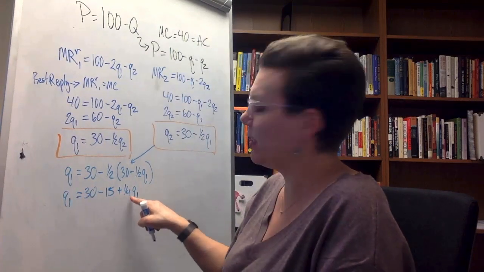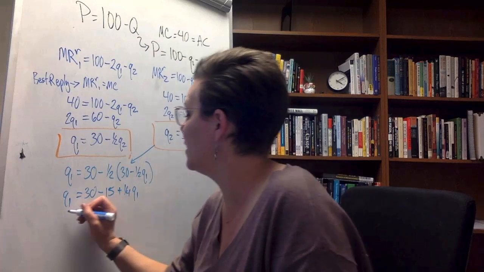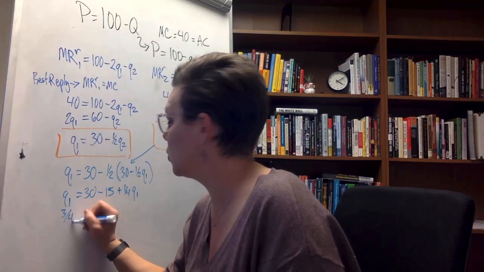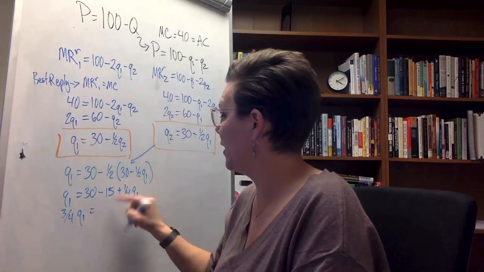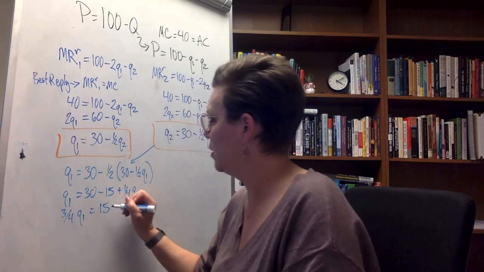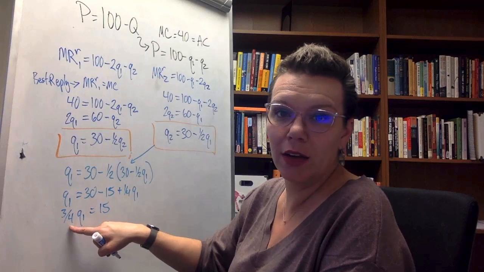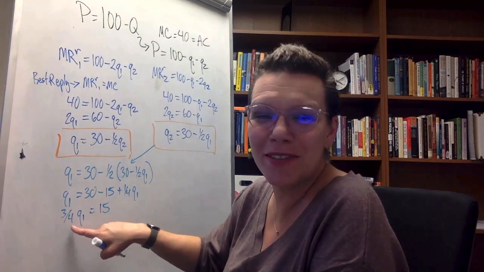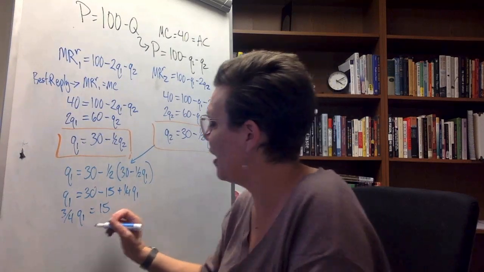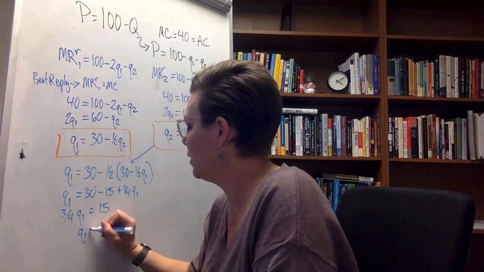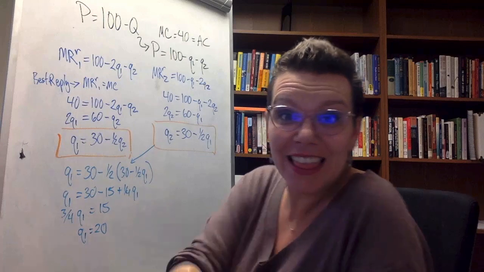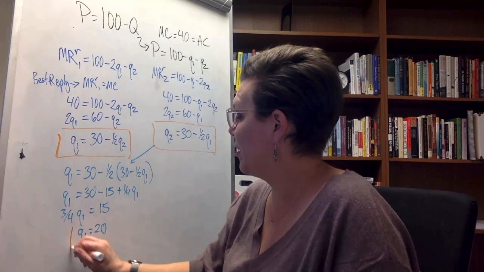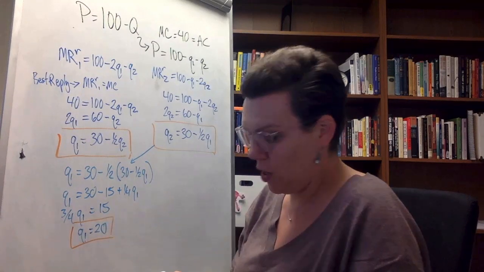Now I'm going to subtract 1/4 of Q1 from both sides and get 3/4 or 0.75 Q1 equals 30 minus 15, which is 15. Now divide both sides by 3/4 or by 0.75. You get Q1 equals 20. Cool? That's your answer. That's the profit maximizing quantity for firm 1.